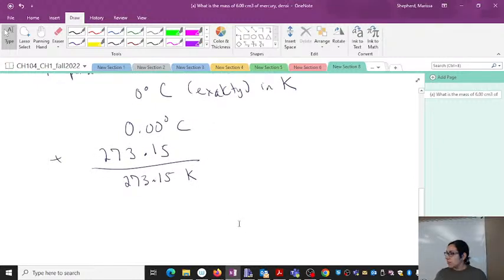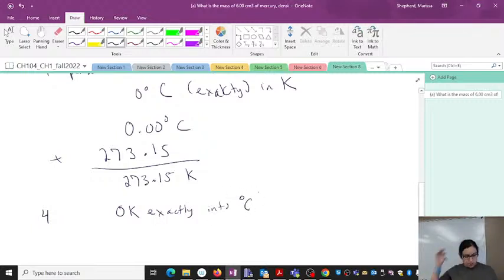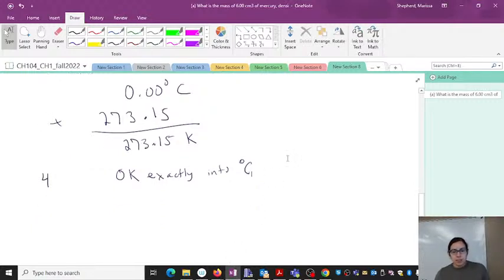Same thing if you skip down to number 4. It has that same wording: convert absolute 0, so 0 Kelvin exactly, into Celsius. Also notice that Kelvin doesn't have a degree symbol, so just note that when you're writing this. Again, we'd want to use that factor.